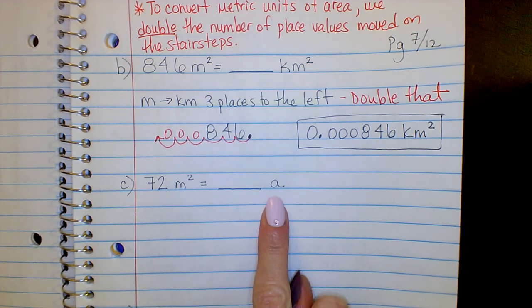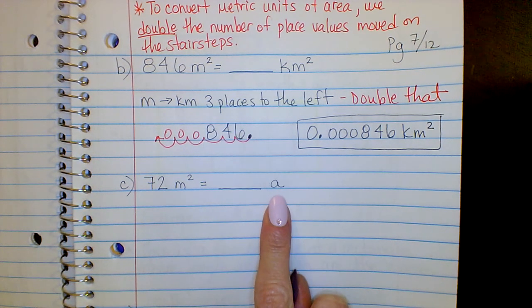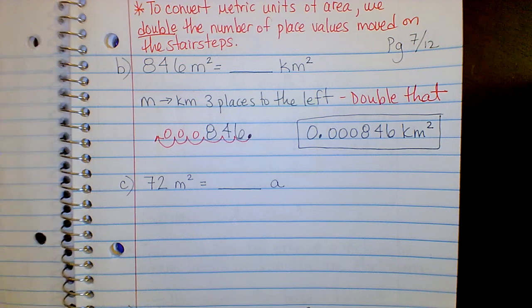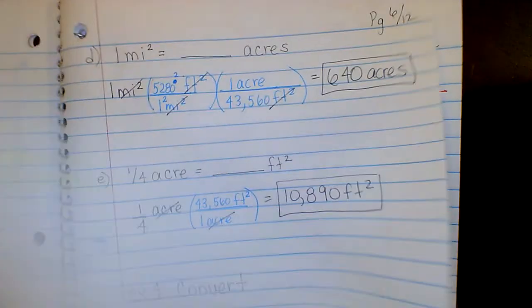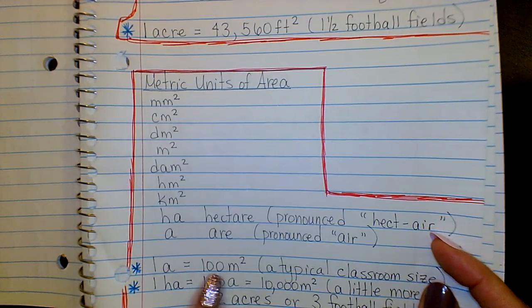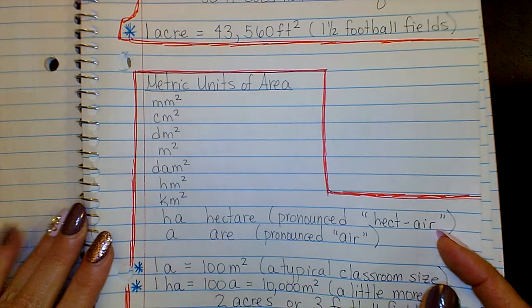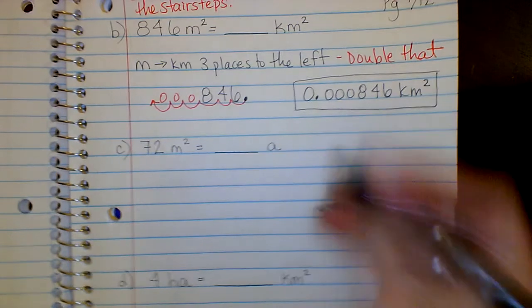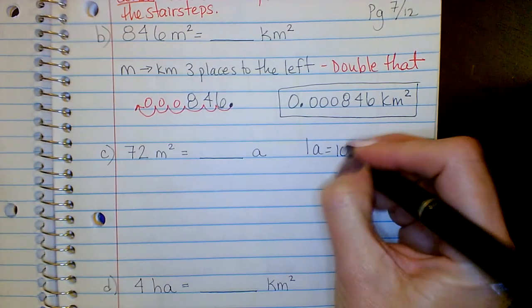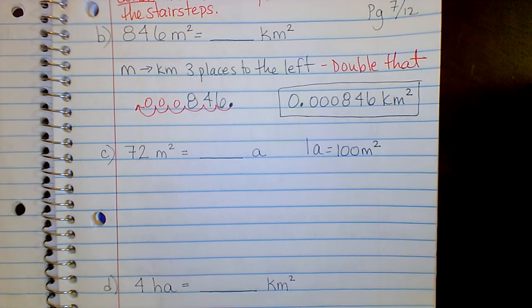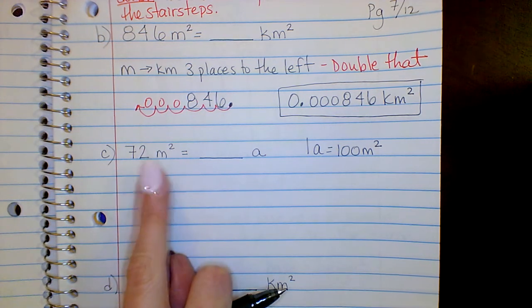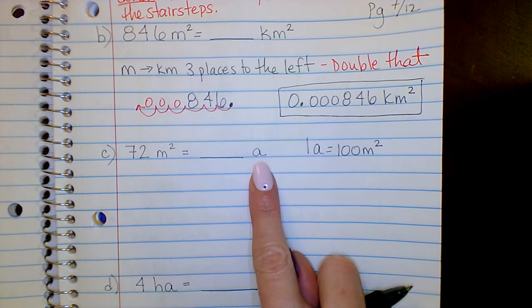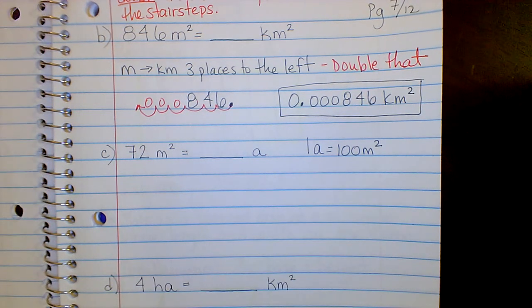Alright, so square meters to air. That's not acre. Acre is just ACRE. This is an air as in air and hectare. Alright, so let's go back and see what that conversion was. 1 air was 100 square meters. This one we're not going to use the stair steps because the air and the hectare are not on the stair steps.